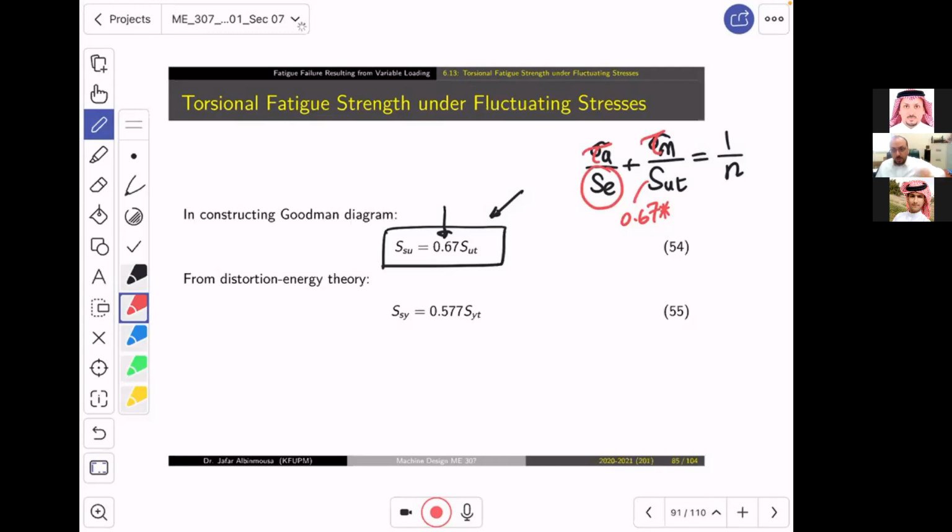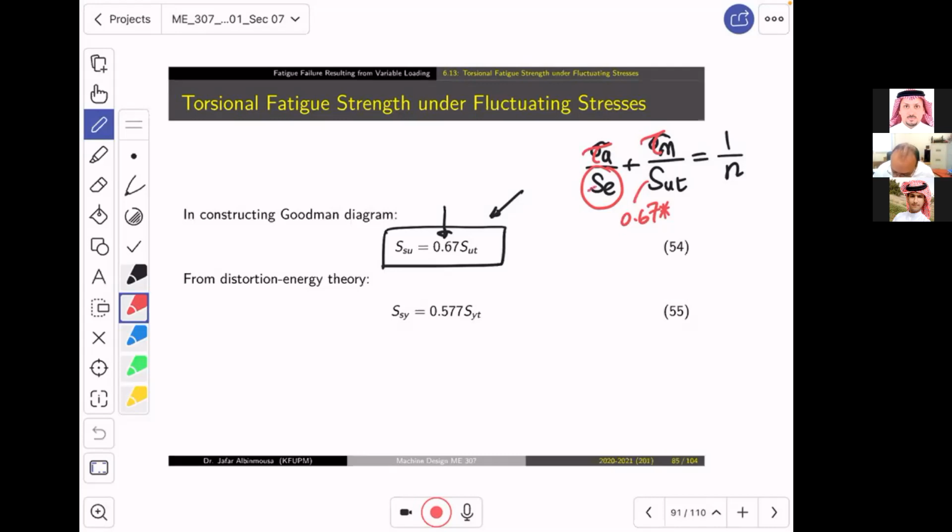You remember? We said, ya akhwan, that we have a 0.59 factor, which is Kc. If we apply that 0.59 on the Se prime, it will become Se corrected for torsion.